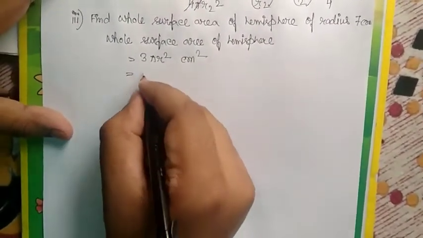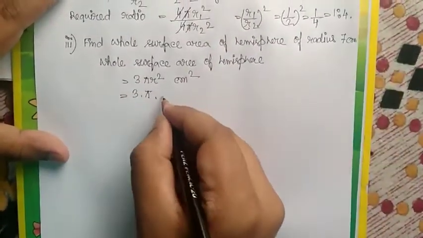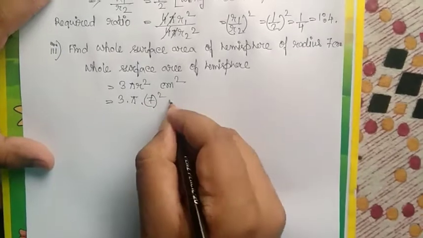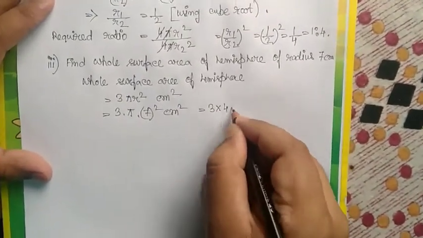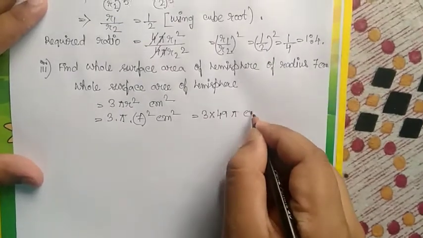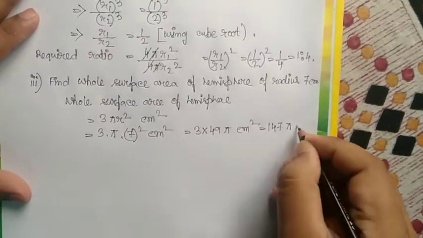So we put the value 3 into pi. Here the radius is 7 centimeter. So 7 whole square centimeter square. So 3 into 7 square, meaning 49, into pi centimeter square, equal to 147 pi centimeter square.